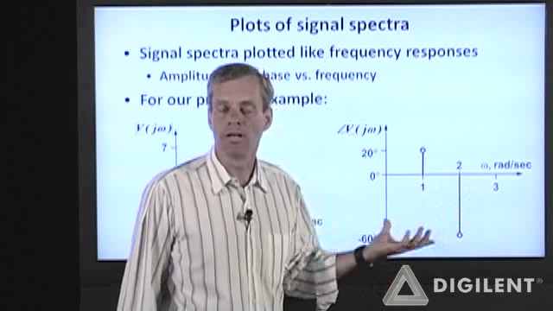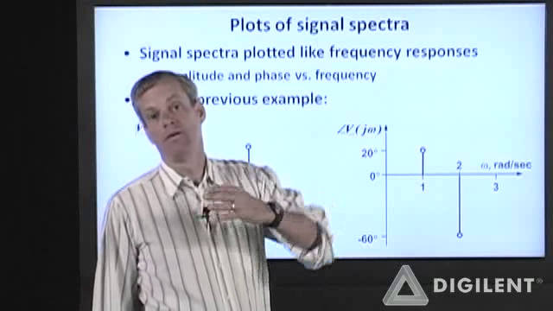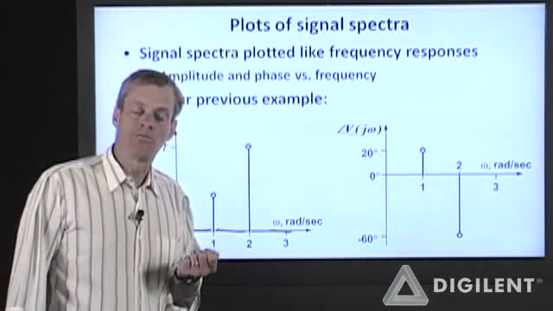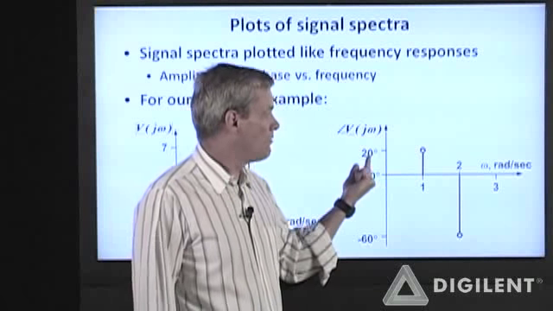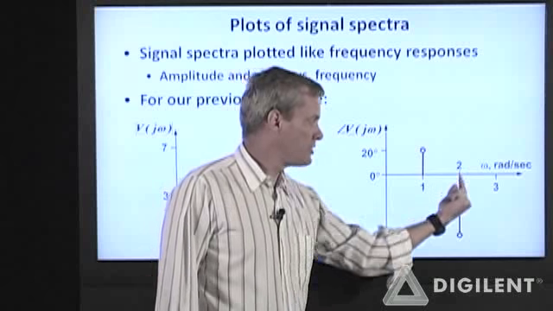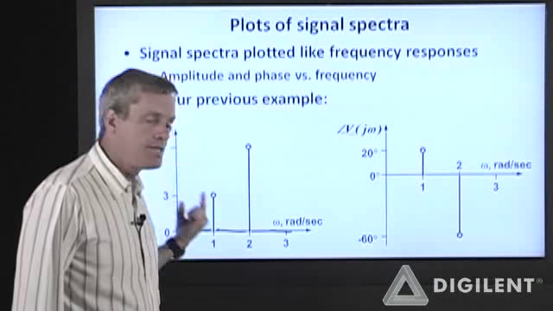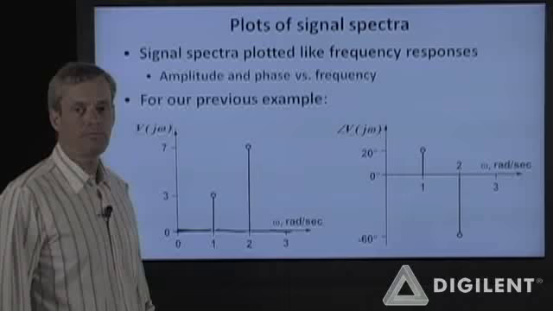I don't know exactly what it is because the phase angle is an angle from the real axis. 0 is on the origin. I don't know really what direction 0 is from the real axis angularly. However, at 1 radian per second, we have a phase angle of 20 degrees. At 2 radians per second, we have a phase angle of negative 60 degrees. This is the spectral plot of our previous example signal.